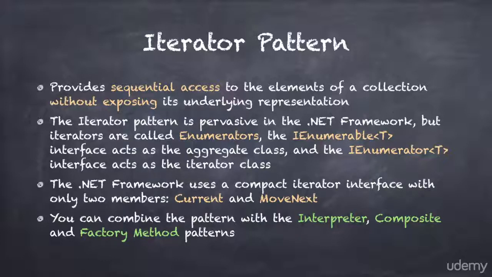The IEnumerable interface acts as the aggregate base class, and the IEnumerator interface acts as the abstract iterator class. The .NET framework uses a compact iterator interface with only two members, Current and MoveNext.